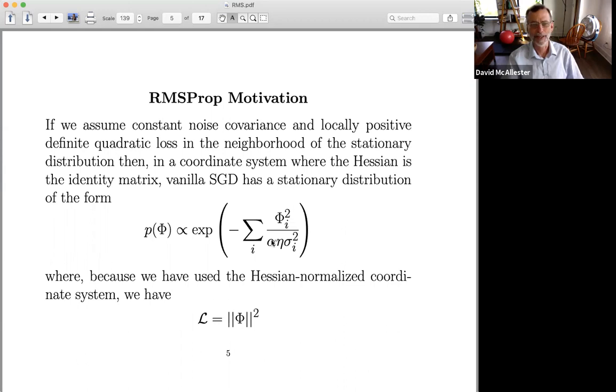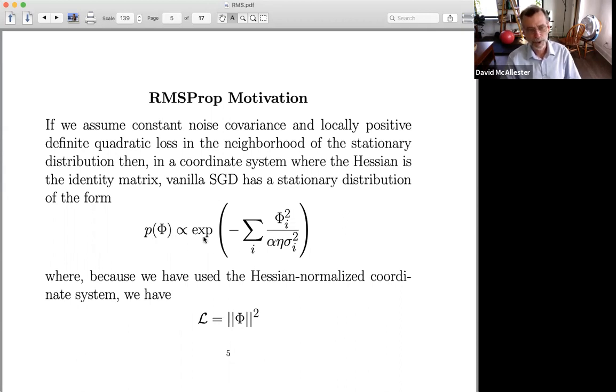If we assume that the loss function is locally quadratic and positive definite at a local optimum, and we work in a coordinate system where we've picked the coordinates such that that quadratic basis is isotropic, the Hessian is just the identity matrix, then you can write the stationary distribution in this form.